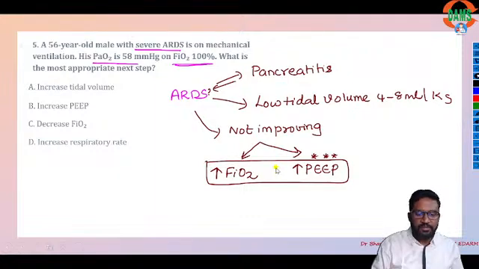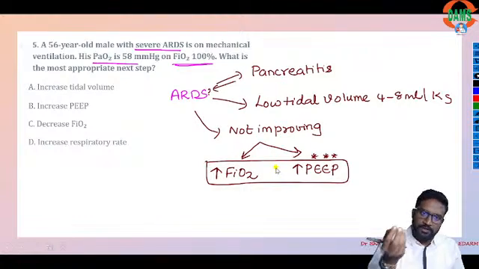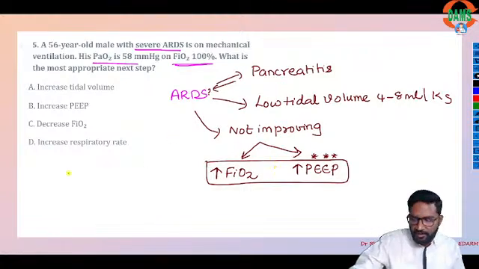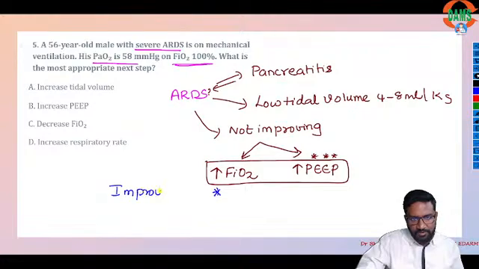So if oxygenation is not improving, you should either increase FiO2 or increase PEEP. Here PEEP will be more important. If a patient is improving, to avoid oxygen toxicity, first decrease FiO2. This is very important. Improving, you should decrease FiO2, followed by PEEP.